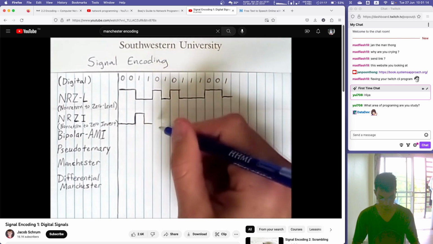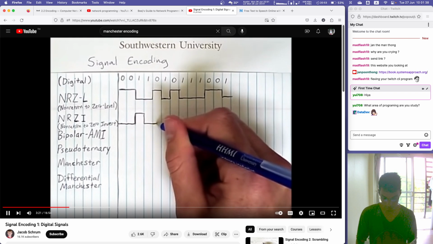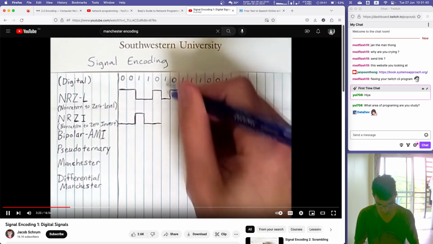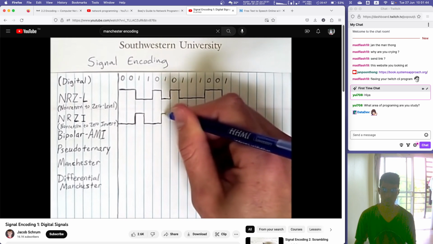Next we have a 0, and we do not change the voltage level when we see a 0, but we have a 1 next, so we'll change and go up high.